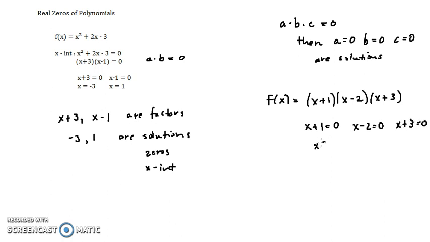And when we solve this, we would get negative 1, positive 2, and negative 3. So what we can do now that we understand this is we can skip directly from this factor to this 0, and this factor to this 0, and this factor to this 0, without having to write all this stuff out every time. We know that that's how it works.